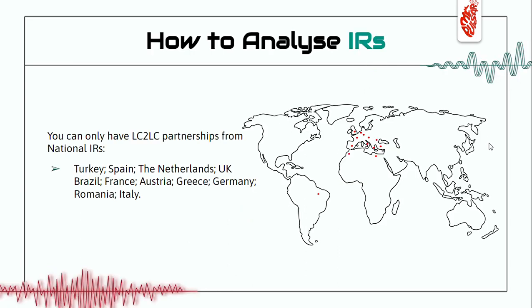Also, one of the parts on how to analyze the IR partners is the most important part, because if you analyze your IR partners in the most suitable way, in the correct way, then you get what you want.